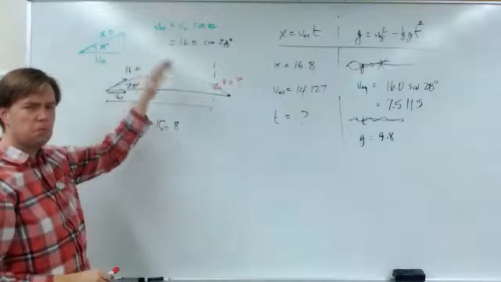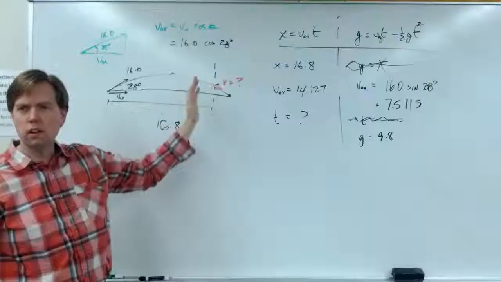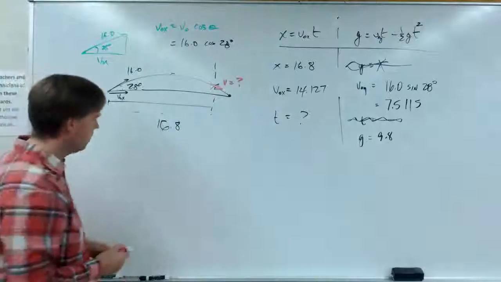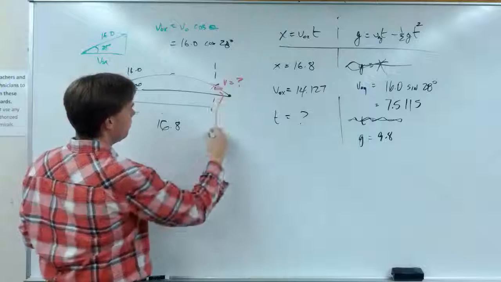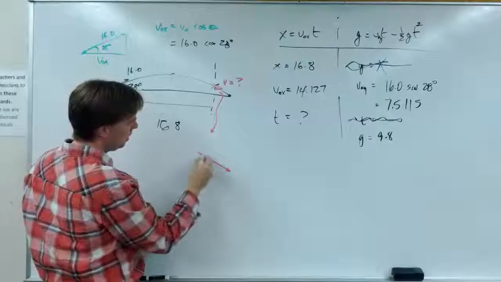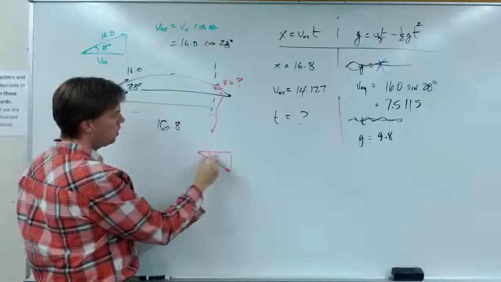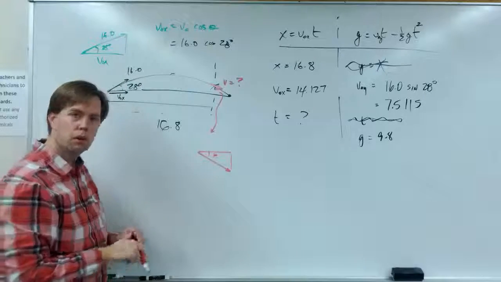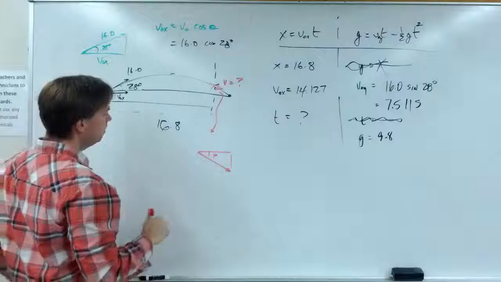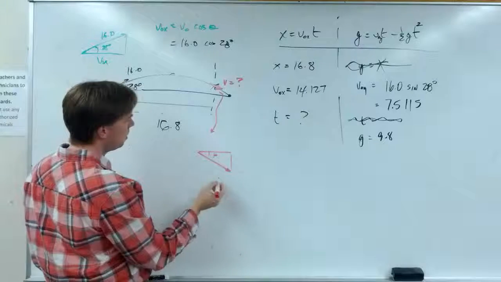Well, just like any speed, this speed has a vertical and a horizontal component. And if I draw that, it's actually going to be going down probably. I don't know this angle yet. Probably I can figure it out, but maybe we don't need it, so let's pause there.